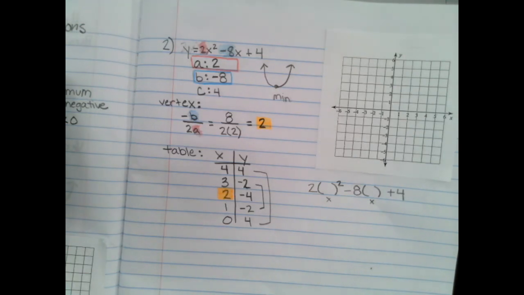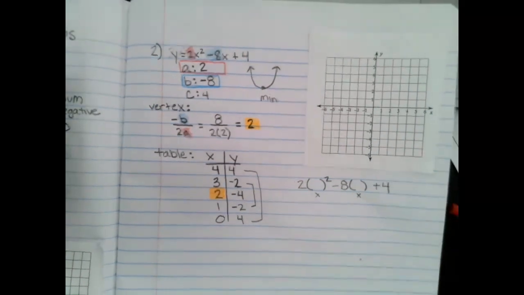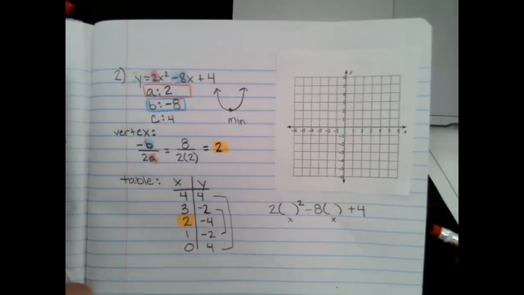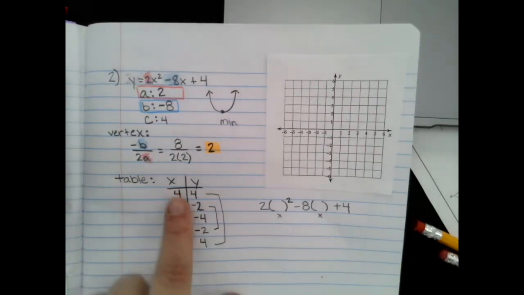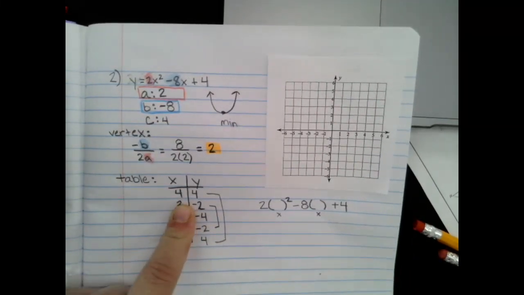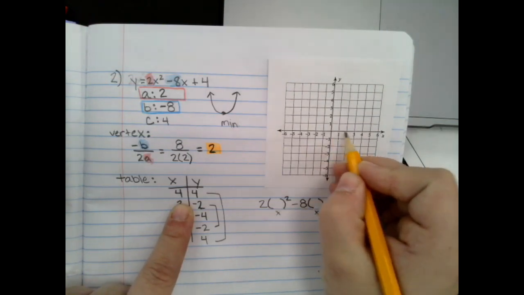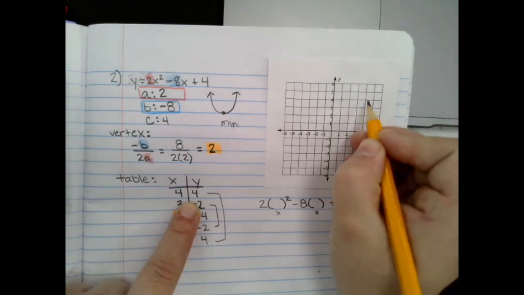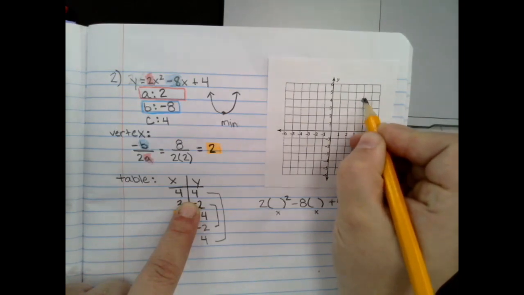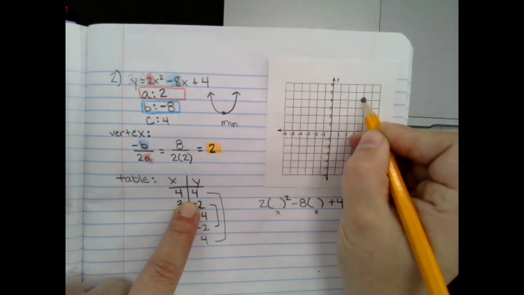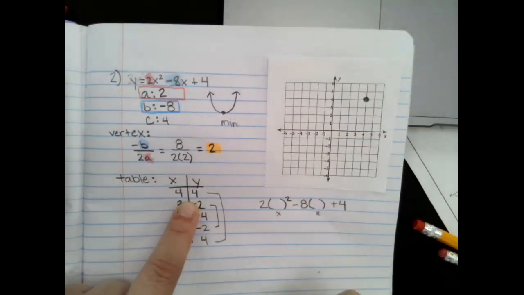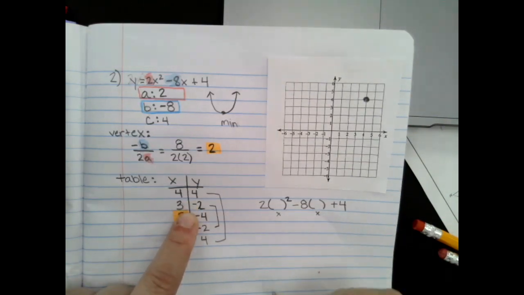All right, last step. Finally, is to do what? Graph. Good, so we're going to start with those points, 4, 4. So from my origin, we go right 4, up 4. Three, -2.